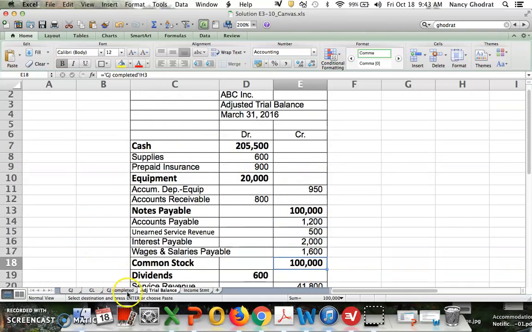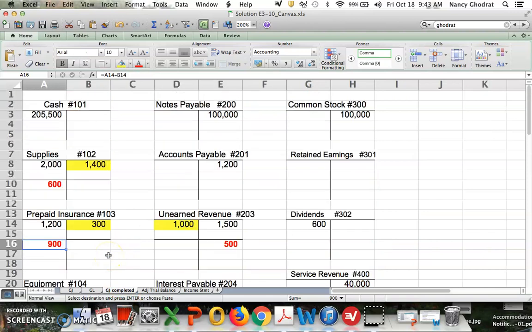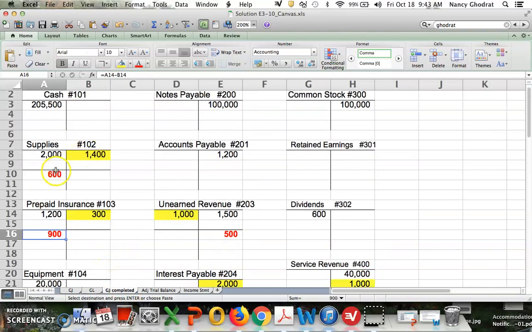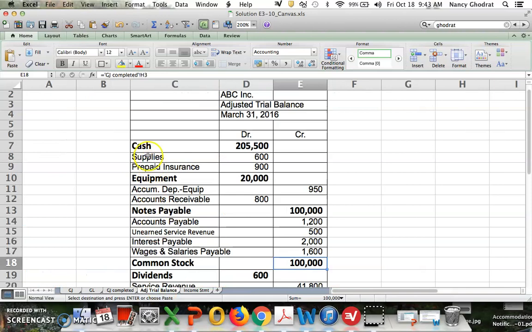We go to the general ledger and we start with the first account, cash, and bring over its balance. Then we go to supplies, bring over its balance, prepaid insurance, bring over its balance. So that's why you see cash, supplies, prepaid insurance with the balances.